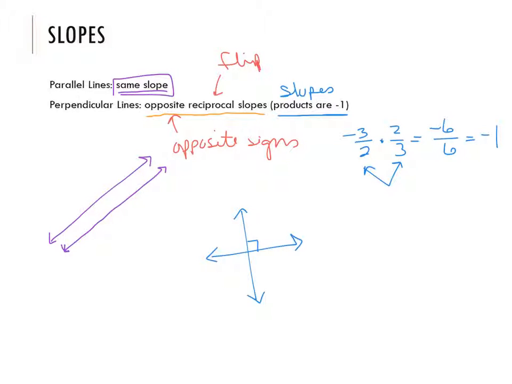So if you notice here, between negative 3/2, so negative, to positive 2/3, so opposite sign, and then my fractions are reciprocal, so I've taken 3/2 and I flipped it to be 2/3. So these are opposite reciprocals of each other. Okay.